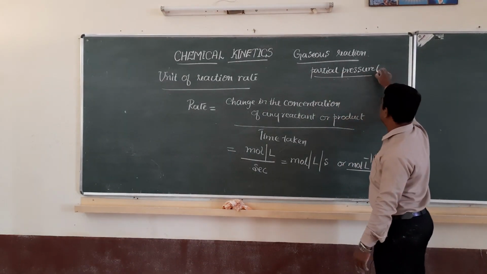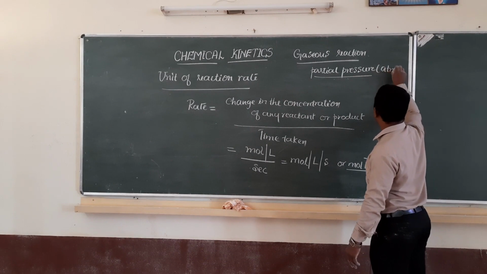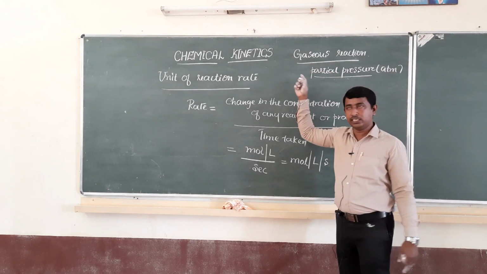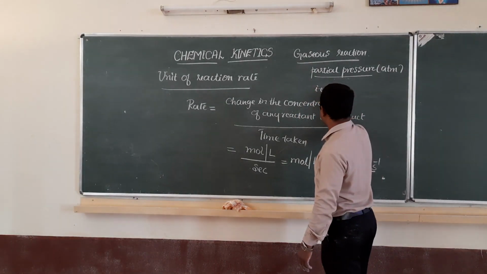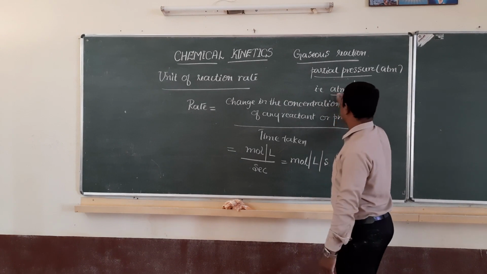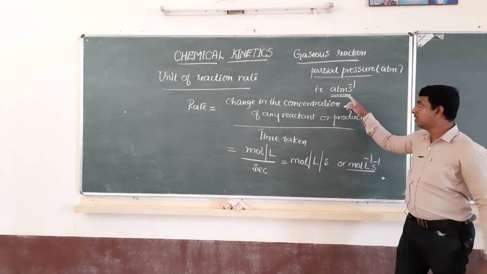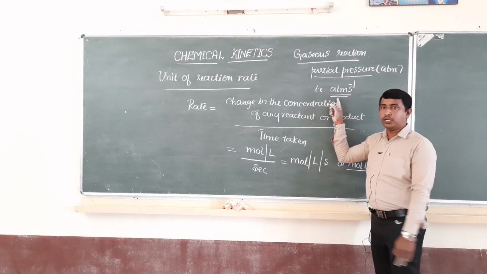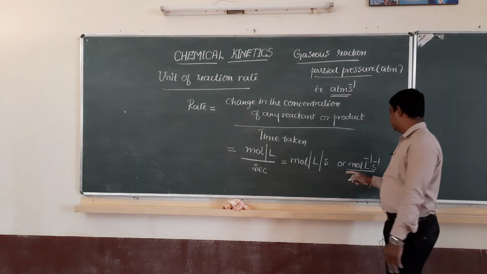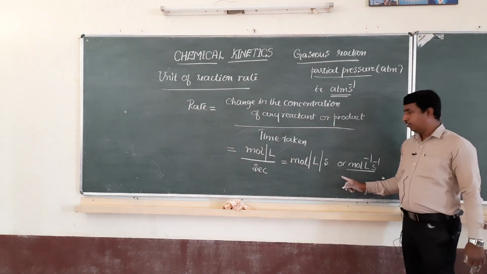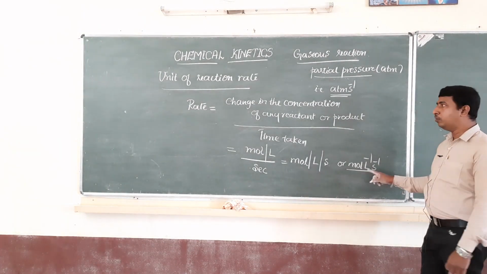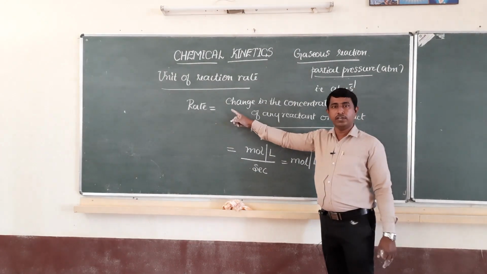The unit of pressure we know is atmosphere. Therefore, the unit of reaction rate for a gaseous reaction is atmosphere per second. In the case of solutions, the unit of rate is mole per liter per second.